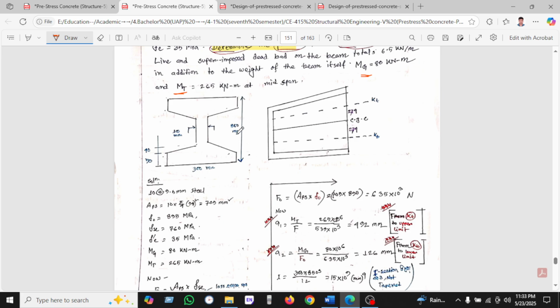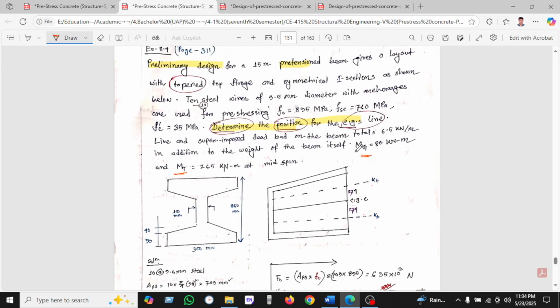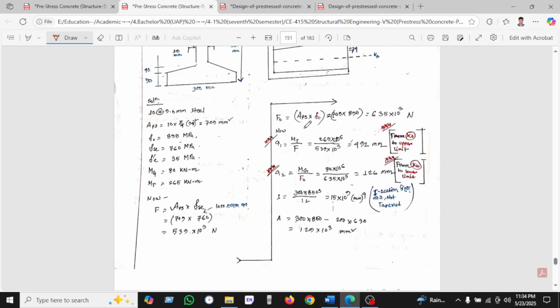The depth is 850, and at the bottom we can see web 300. The flange we can see 350 and web 100, and distances 90 and 40 are given. This is the top kern, this is the bottom kern, and CGS is given, and 274 and 274 are also given here. So let's start.